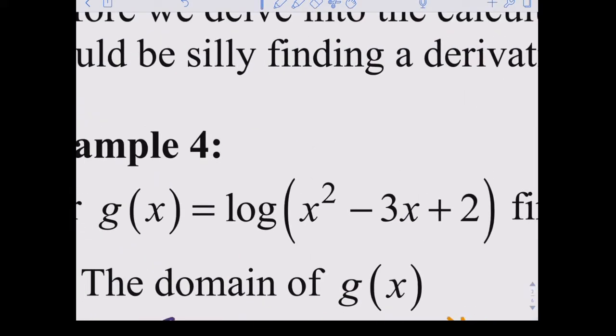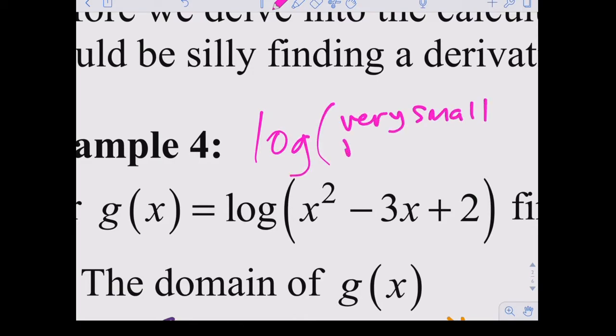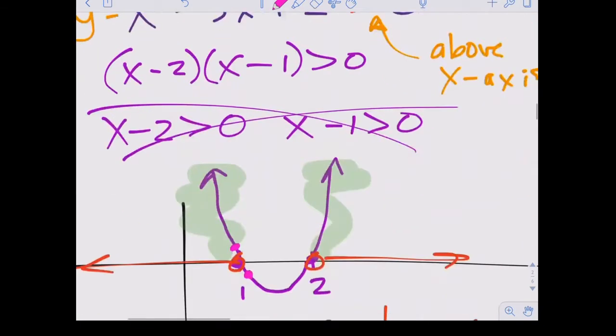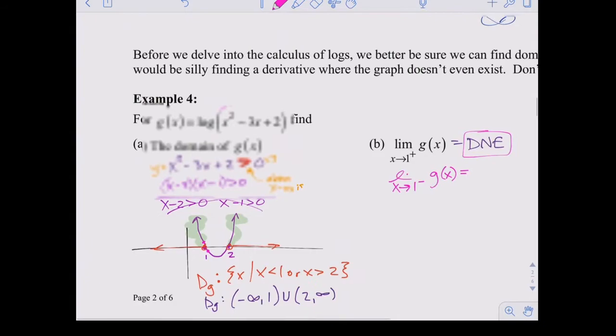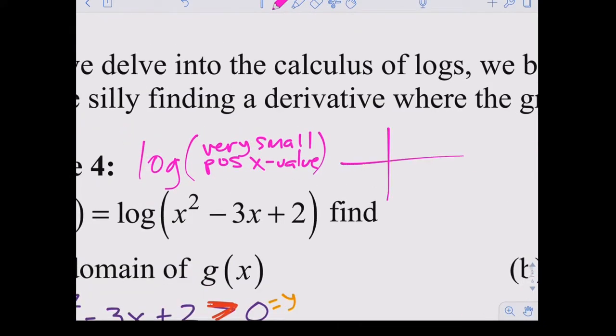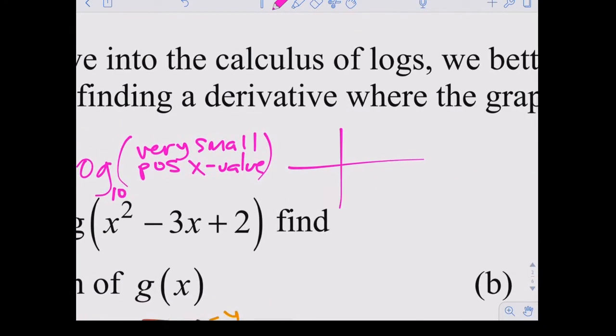Yes, there you go. That's how you want to do it. If you take the log of a very small positive x value, which this graph of the parabola tells me, if I choose a number just to the left of 1, it's going to be really close to 0, but positive. As Rapp said, if you look at a log growth function, it's base 10.